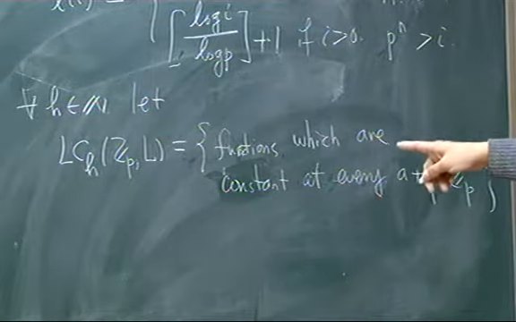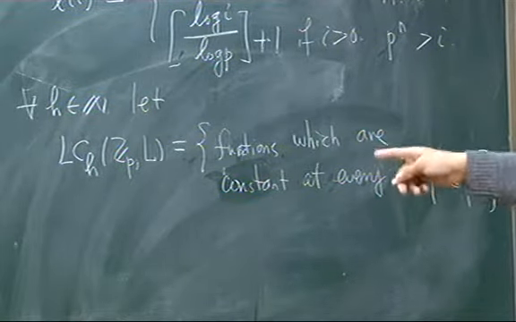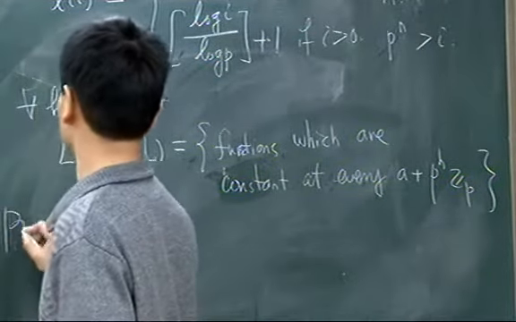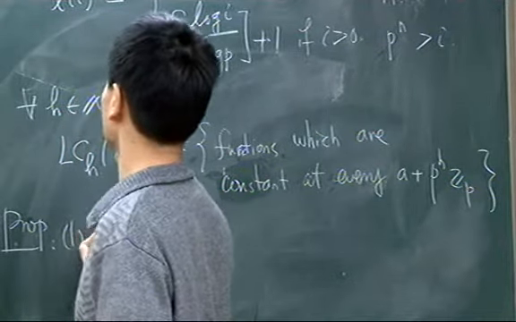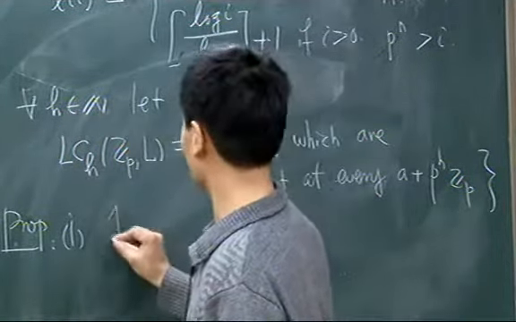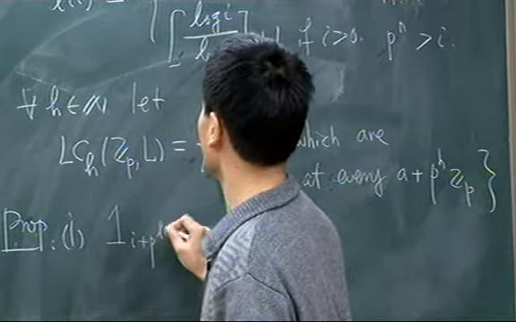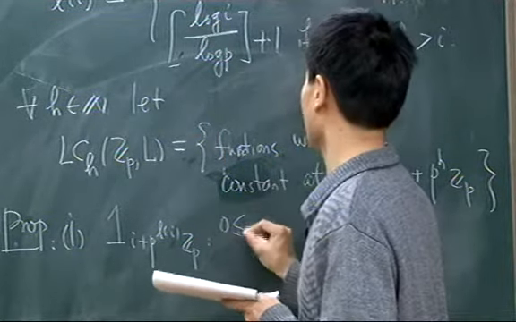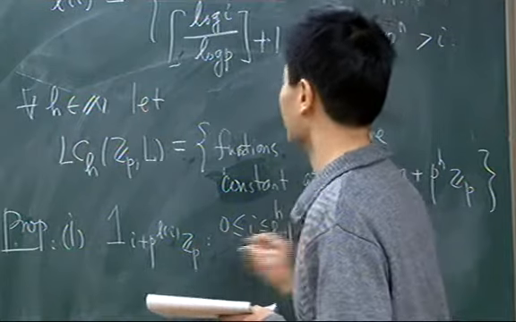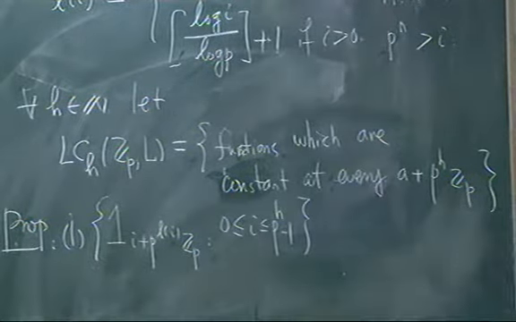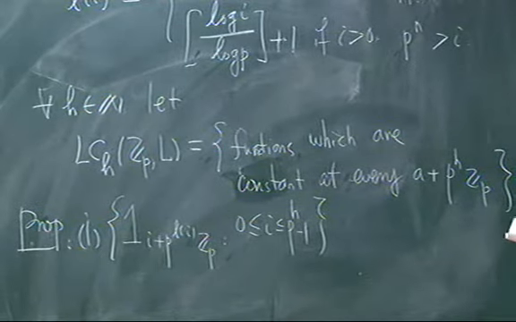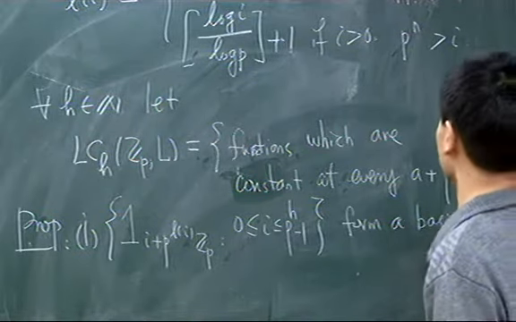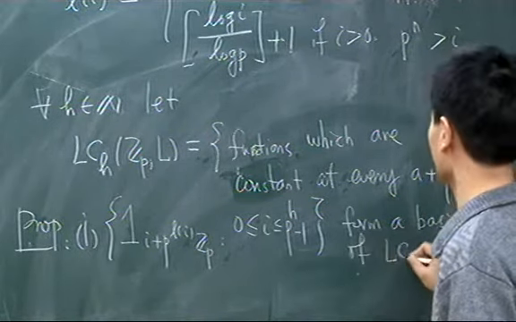So this is a finite vector space, and so the proposition is this. The functions 1_{i plus p to the L(i) Z_p}, for 0 less than or equal to i less than p to the h minus 1, form a basis, a real basis of LC_h. That's not in my notes, this part.